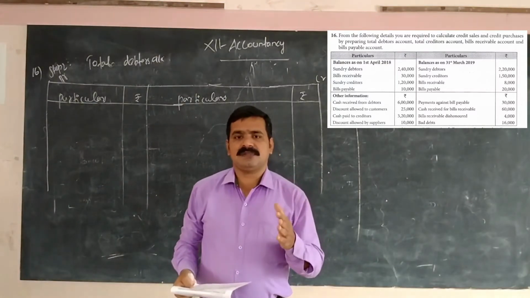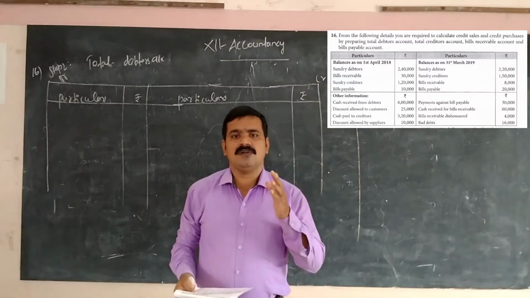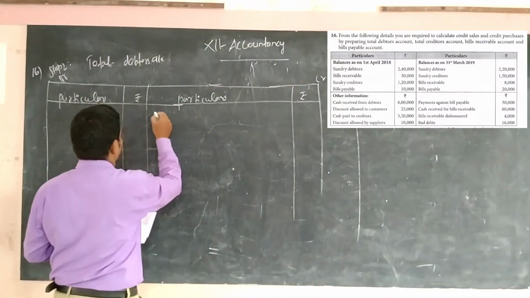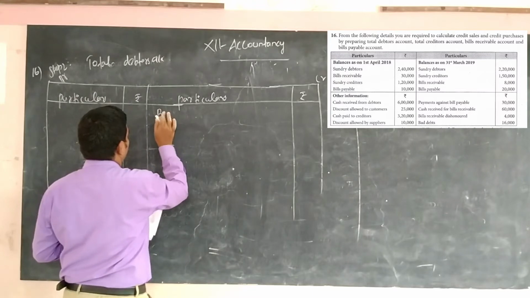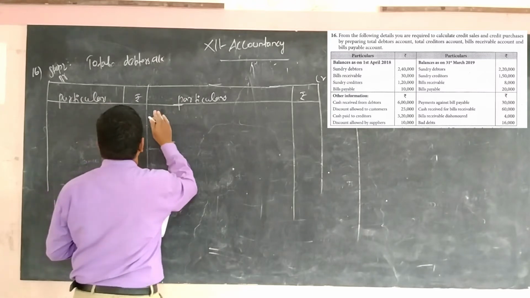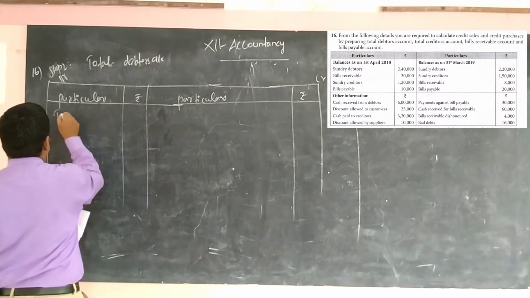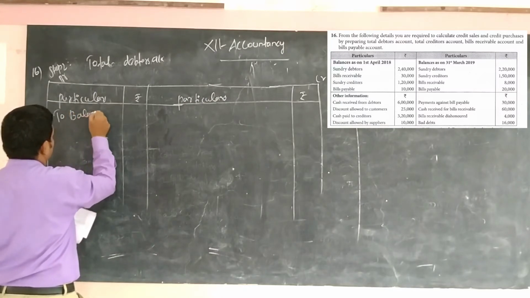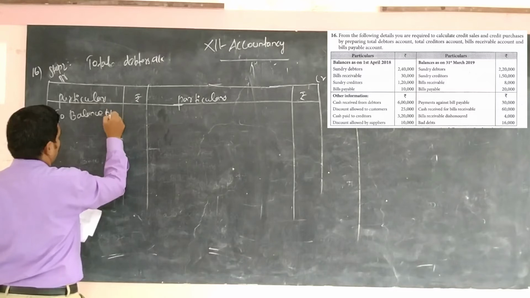Okay, so sundry debtors is one of the assets. So the opening balance comes under the debit side, by opening balance, to balance brought down.